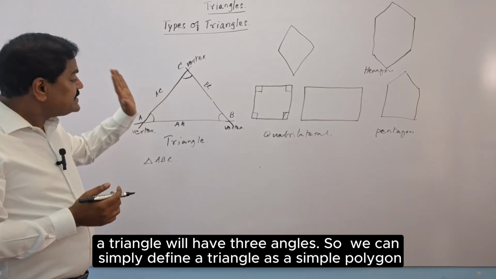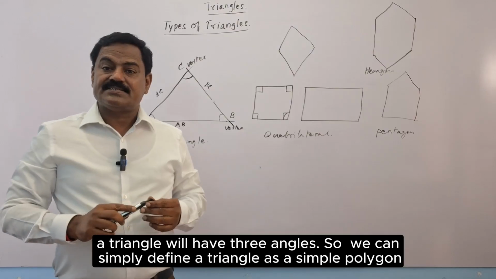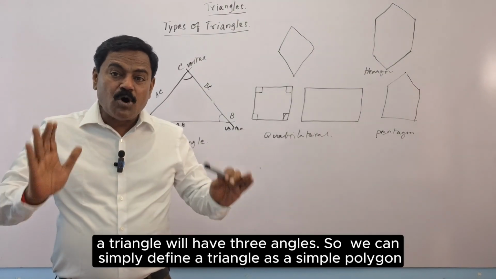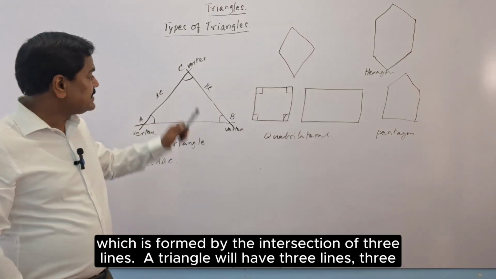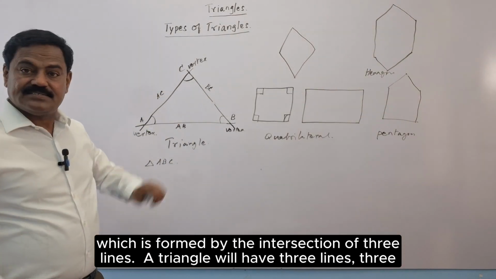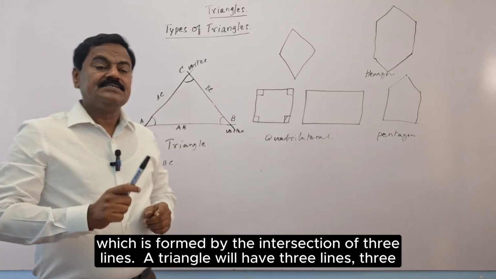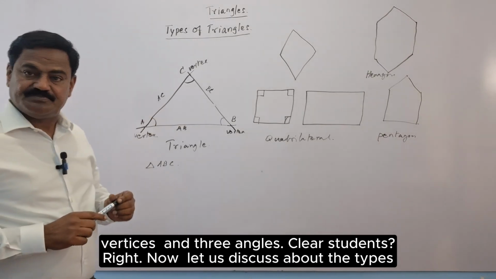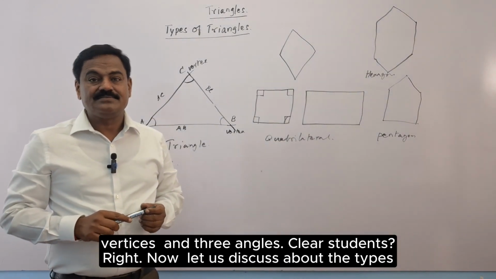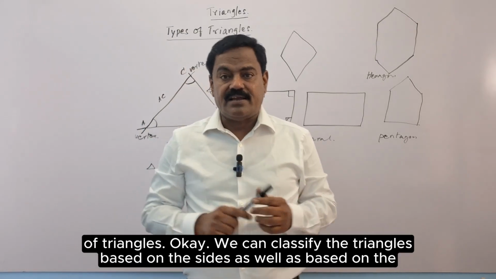We can simply define a triangle as a simple polygon formed by the intersection of three lines. A triangle will have three lines, three vertices, and three angles. Clear, students?